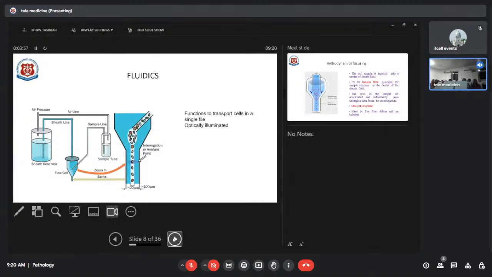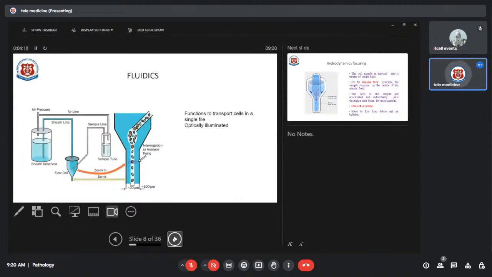Now this sheath fluid will flow from here and come into this flow cell. Similarly, the sample will come through the sample line and come into the flow cell. In the center of this, you have the sample. Okay. So, what is the function of the sheath fluid?